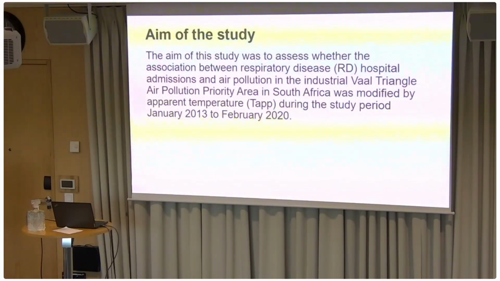The aim, as I said, was to look at how temperature may modify the effect of air pollution on hospital admissions in an industrial area called the Vaal Triangle Air Pollution Priority Area in the country. That was done during a nearly 7-year period. We only used hospital admissions up to February 2020, because in March 2020, the first case of COVID came along, and we did not want to mix the effect you may have with the rise in respiratory disease hospital admissions.